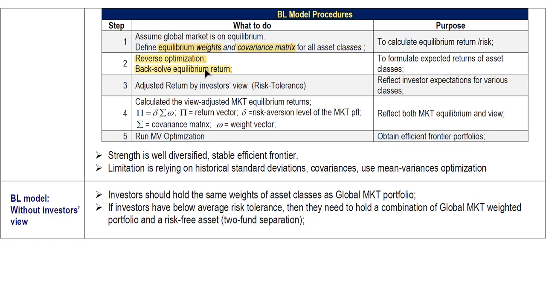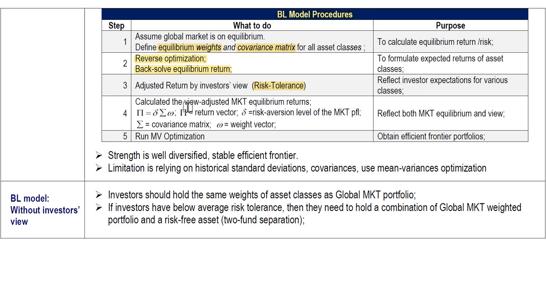Now, once we have that, there's one more very important step, which is to identify the risk tolerance, based on the risk tolerance or risk aversion score. Then apply that, number 4, to calculate the risk premium vector.